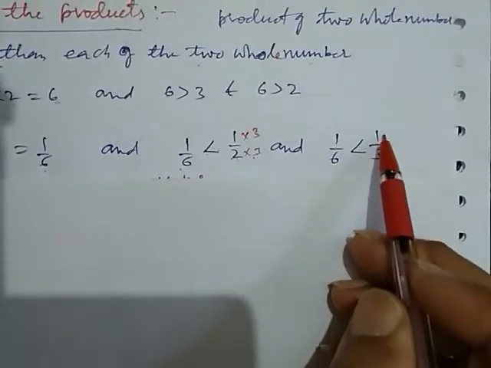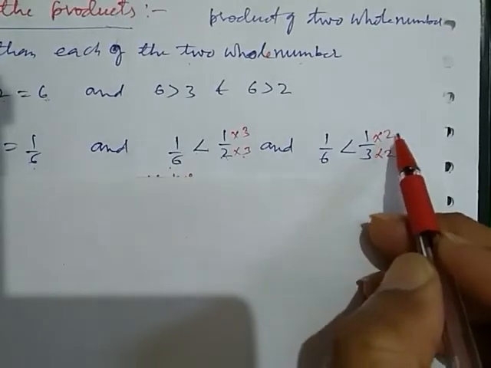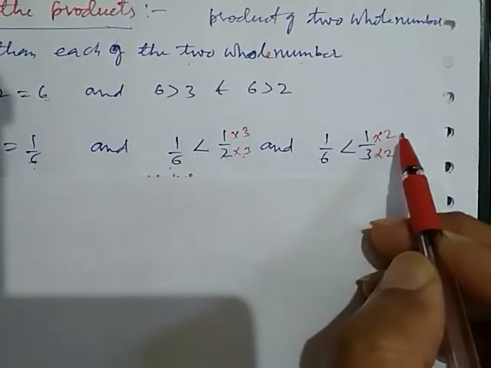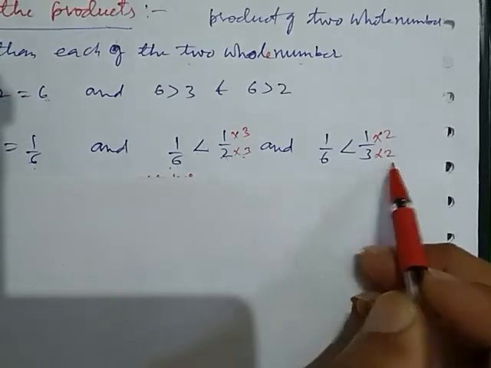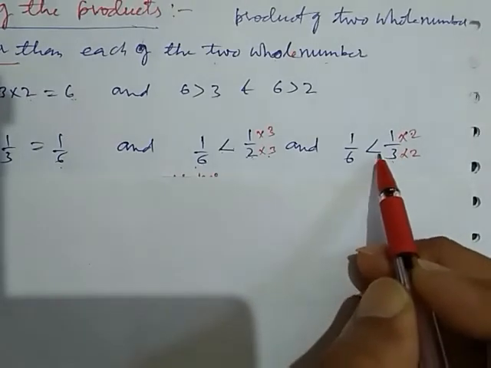And here 1 by 3 is greater than 1 by 6; we convert it into an equivalent fraction, so the upper part is 2 and the lower part is 6. So here 1, here 2. That's why 1 by 3 is greater than 1 by 6.